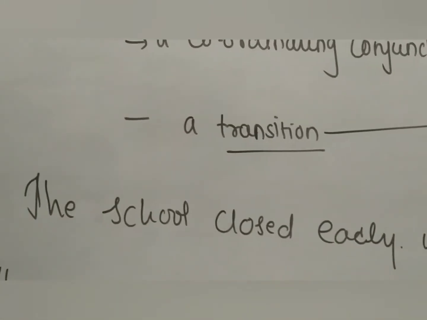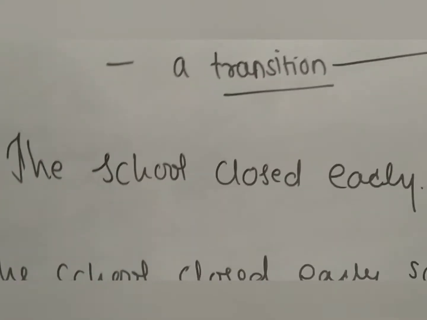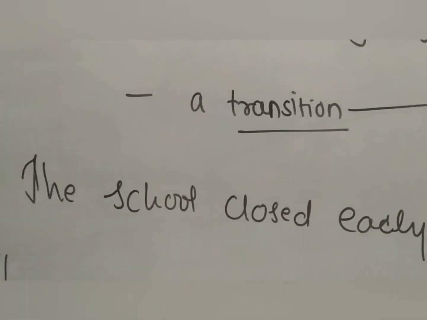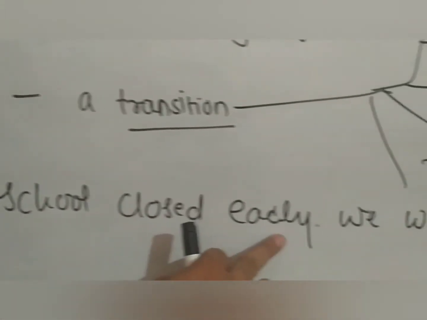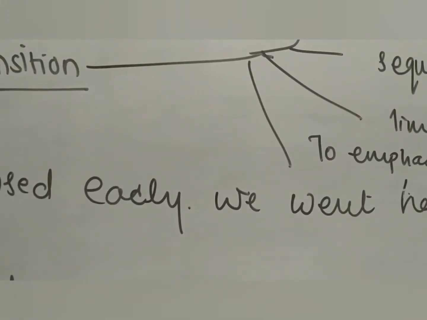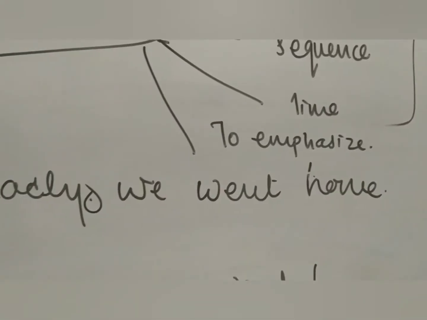Now see the example. With the help of these points you can write a proper compound sentence. Now see: the school closed early. There is a full stop. We went home.